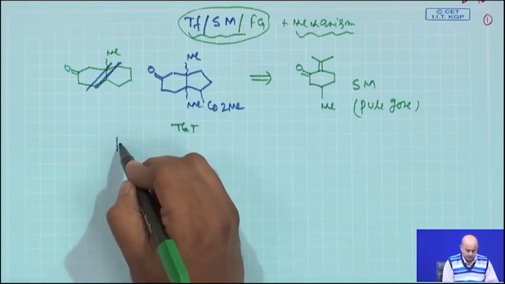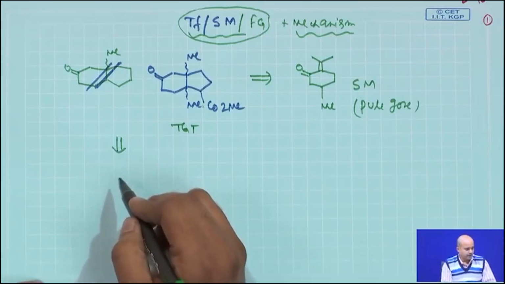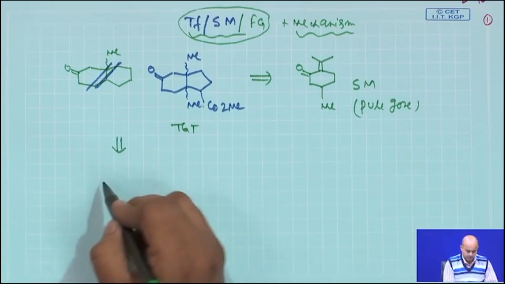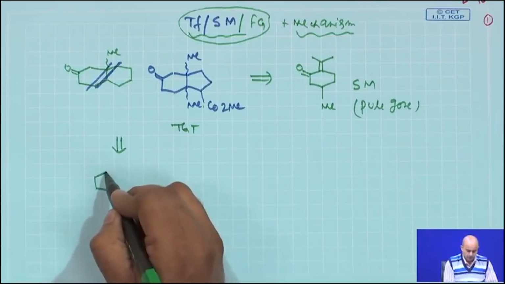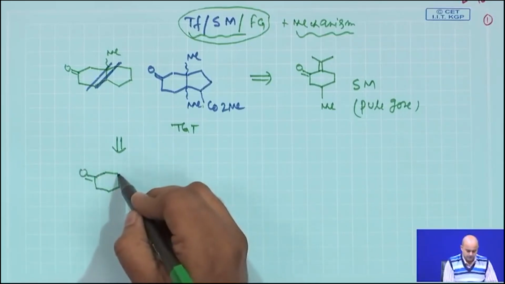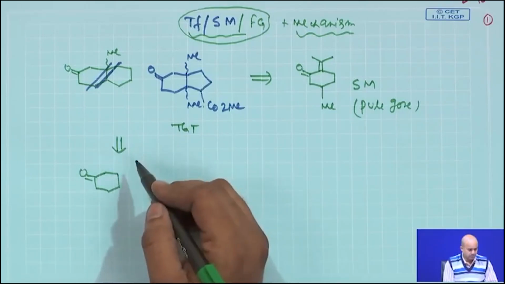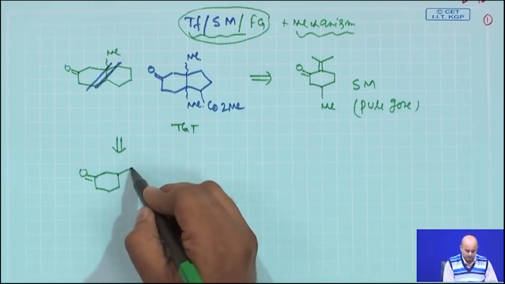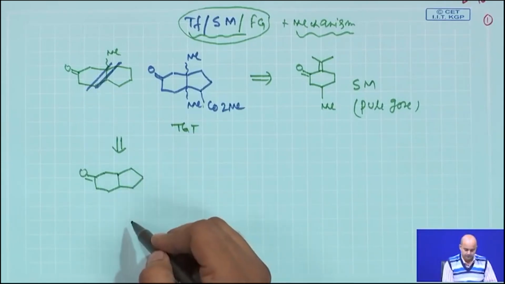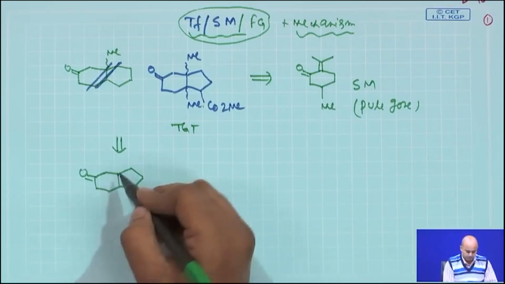Now, do not get nervous. We will analyze through the individual retrosynthetic steps, doing the retro based on the target structure available, and try to correlate it with the starting material that was given to you.